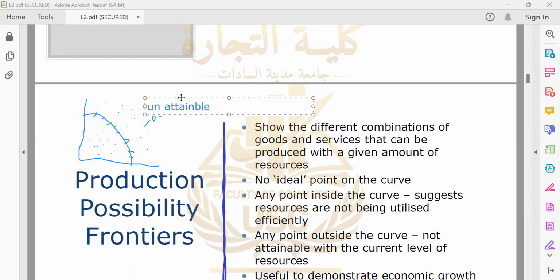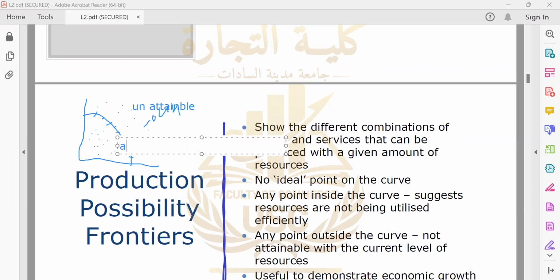These points are attainable. These are inefficient points.